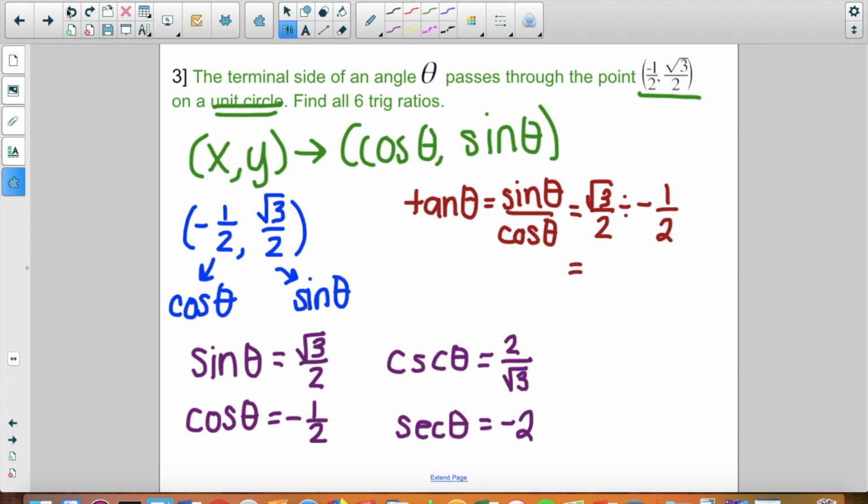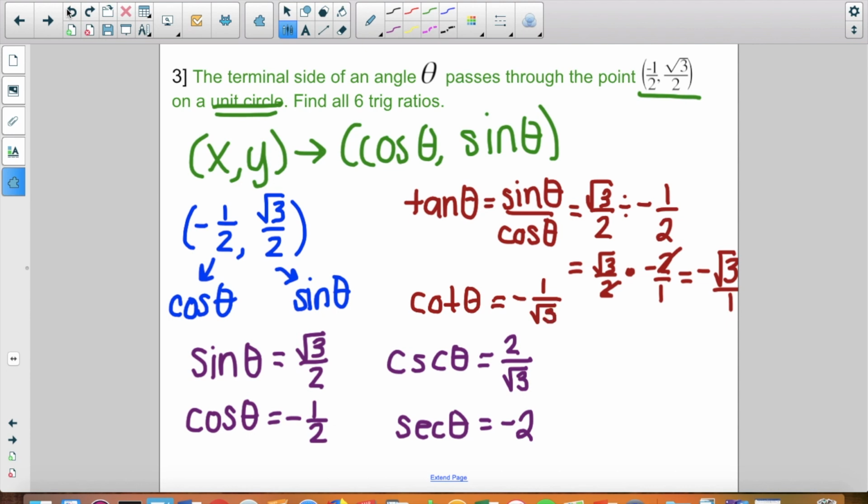So we do radical 3 over 2, keep, change, and flip. The 2 and the 2 cancel out, and we're left with negative radical 3 for the tangent of theta. To find the cotangent of theta, you just take the reciprocal. So instead of negative radical 3, you can write it over 1. It's going to be negative 1 over radical 3.